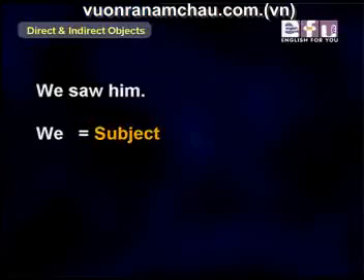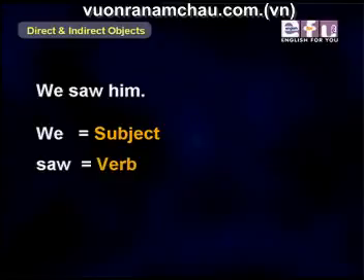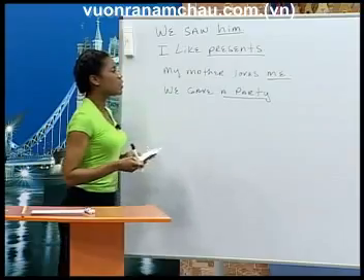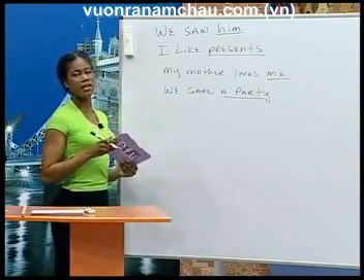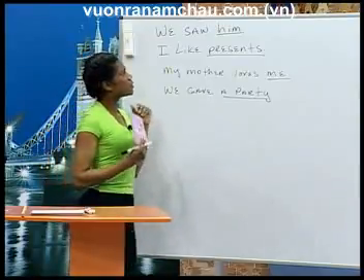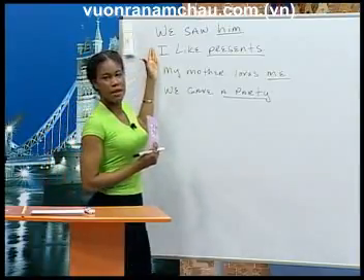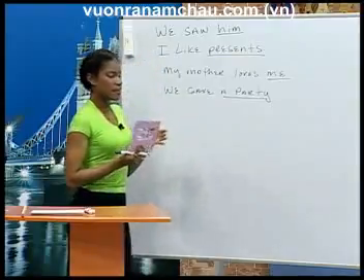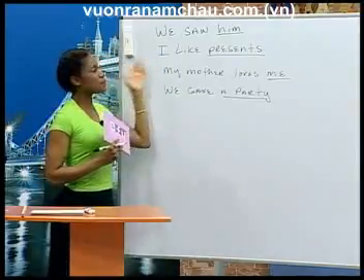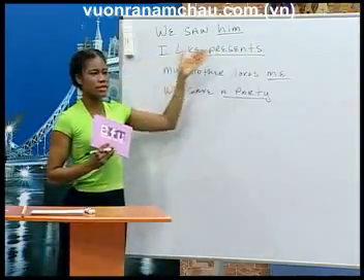We is the subject, saw is the verb, him is the direct object. And we can see the same pattern in these other sentences. For example, I like presents. Sylvia, can you tell us the parts of speech in I like presents?